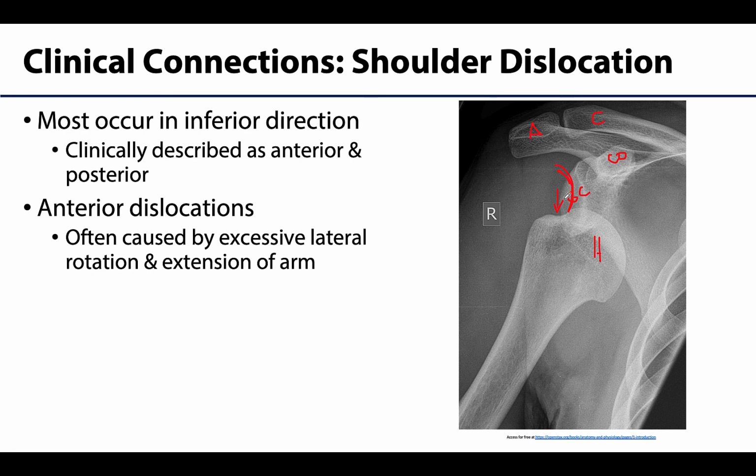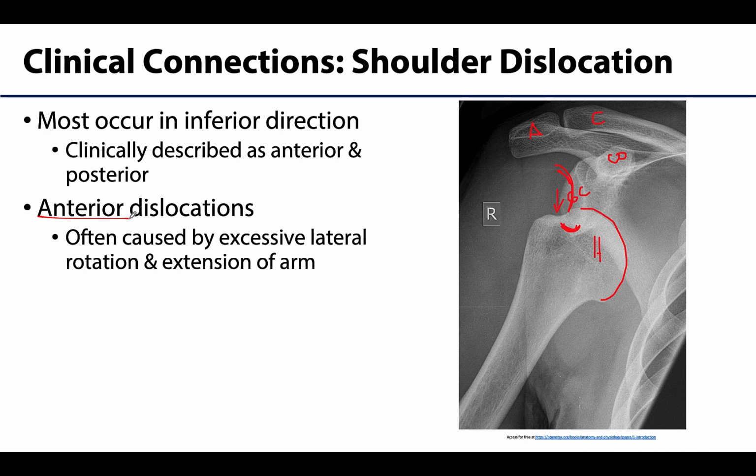Usually when a shoulder dislocation is described, it's either described as anterior or posterior. And that has to do with whether the humeral head moved anterior to the bottom portion of the glenoid cavity or posterior. It is almost always, or certainly most commonly, going to be anterior. You can have posterior dislocations for sure.